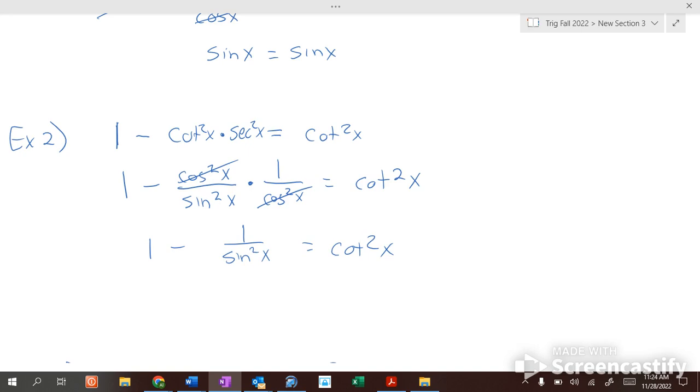Now, looking at your note card, there's something to do with cotangent squared. I can go way complicated on this, or I can go fairly easy on this.